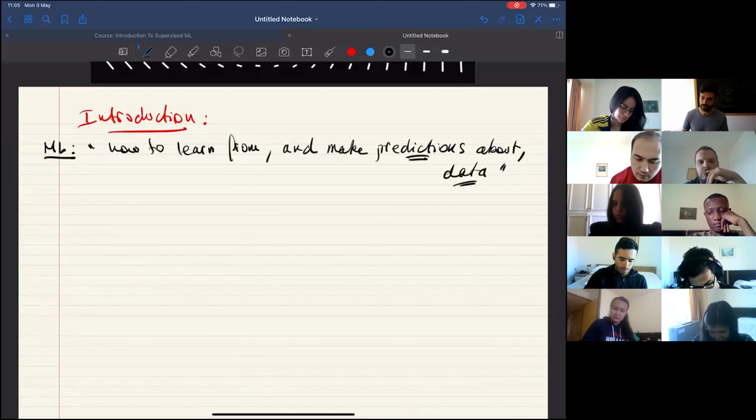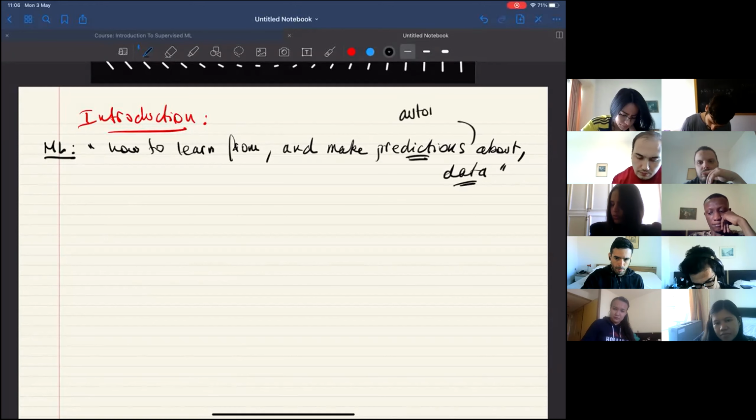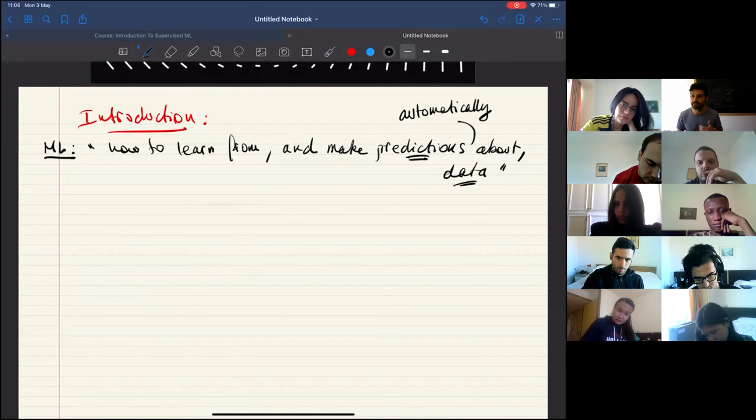So the two keywords are predictions and data here. And of course, we want to do that in an automatic way, and that's the whole point. We want to design a method, a procedure that is able to extract interesting features, interesting information about the data automatically.